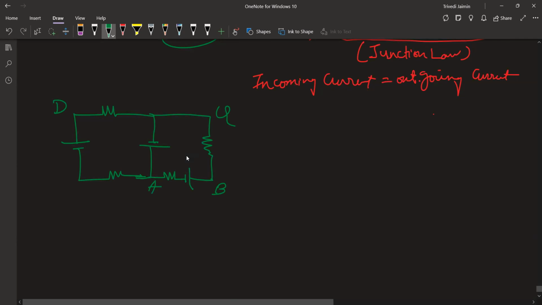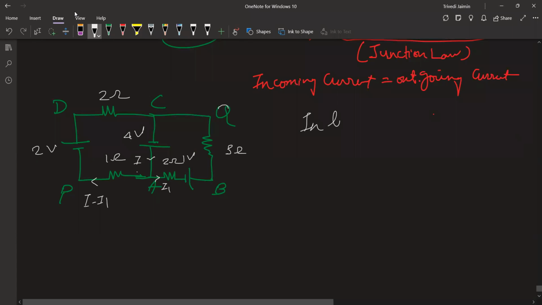A, B, Q, P, C. 2 volt, 2 ohm, 1 ohm, 4 volt, 1 volt, 2 ohm, 3 ohm. Okay, so how I started the current here, right? I minus I1, here I1.